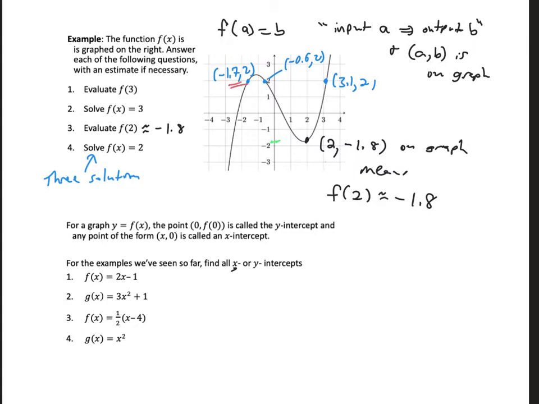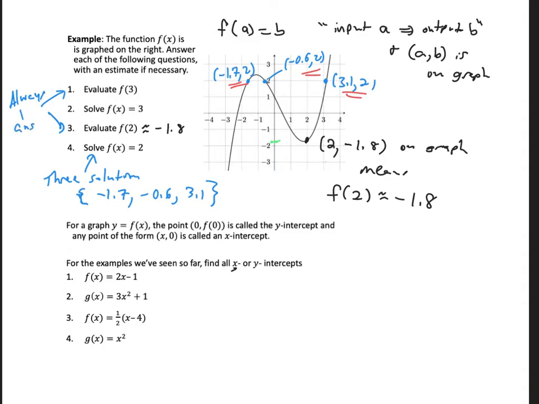All of those points are on the graph and have a second coordinate of 2. So my solutions would be approximately negative 1.7, approximately negative 0.6, and approximately 3.1. That's my solution set for that equation. Notice that these evaluation questions always only have one answer.